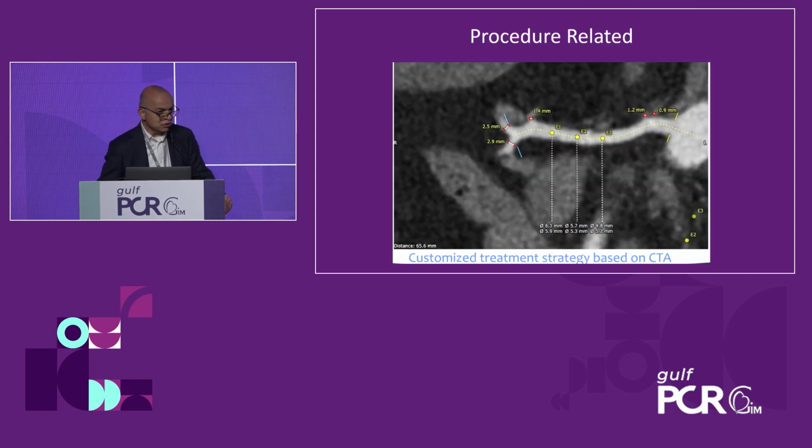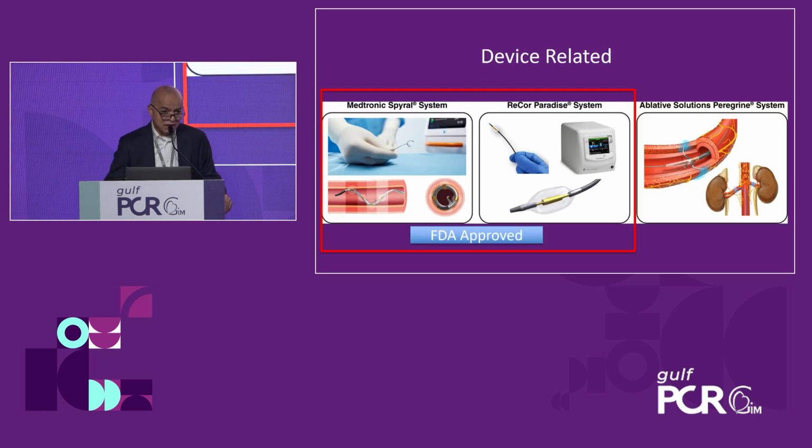Now we are in the stage of precision medicine. So things can be done very accurately with CT angiography to know where to denervate, whether it is a main branch, length of the artery, side branch, accessory renal artery, and so forth. And on top of that, we have more devices available to us nowadays.